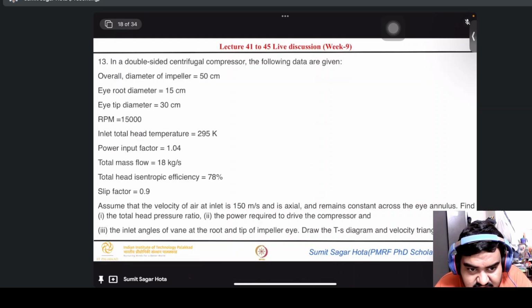Assume that the velocity of air at inlet is 150 meter per second and is axial and remains constant across the eye annulus. Find the total head pressure ratio, the power required to drive the compressor, and the inlet angle of the vane at the root and tip impeller eye. Draw the TH diagram and velocity triangle.